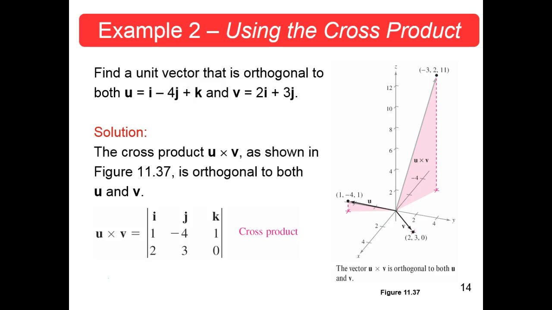What they're drawing in pink is kind of the angle up or down from the xy plane of the vector in question. Of course, vector v is in the xy plane, it's neither up nor down. The vector u is slightly up because it has a plus 1 as the z component, and the cross product is going to be very far up there because it has a plus 11 as its z component.